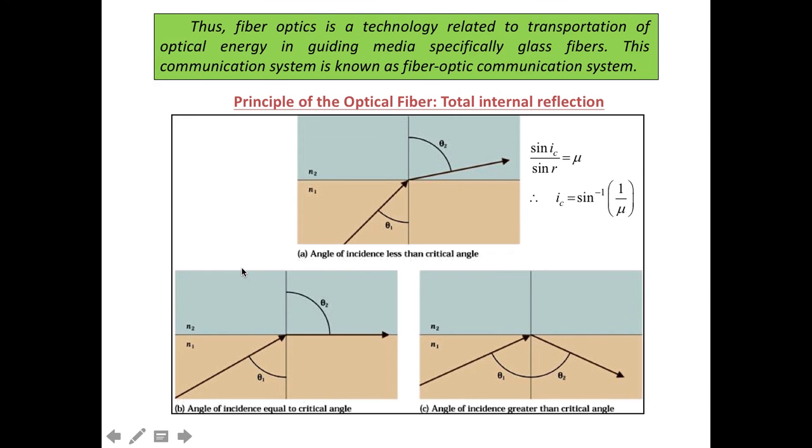The principle of optical fiber is total internal reflection. Here you can see the three images. N1 and N2 are the refractive indices of different media. The angle of incidence is less than the critical angle, equal to the critical angle, and greater than the critical angle.